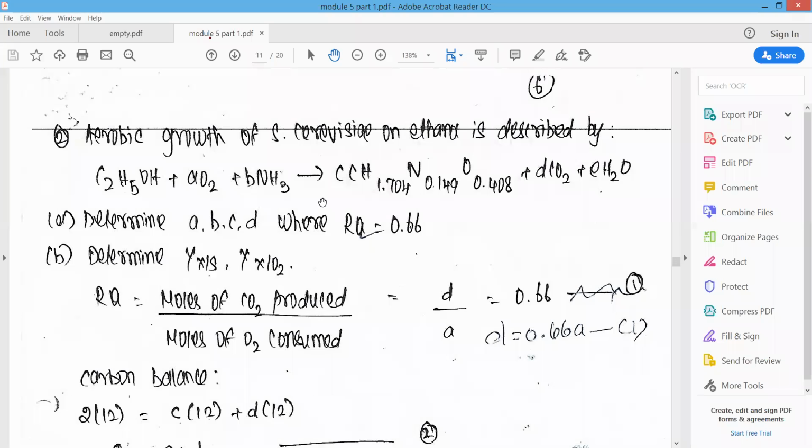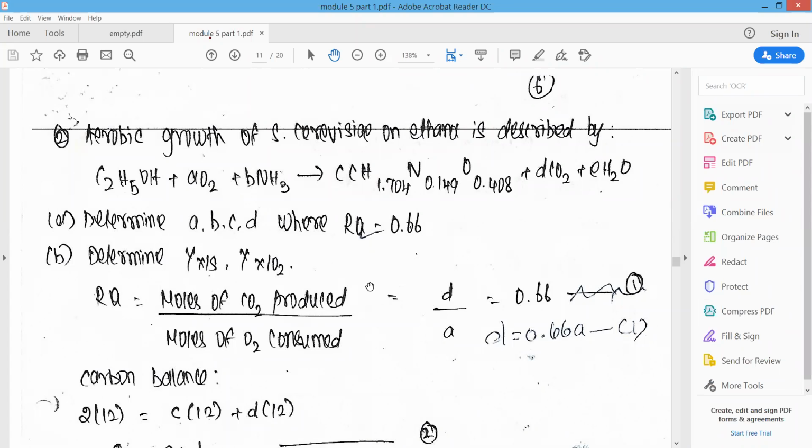As you people know, first let us see what is the given data. Respiratory quotient is given, that is moles of CO2 produced by moles of oxygen consumed. That is D by A is equal to 0.66, so that can be written as D is equal to 0.66A.